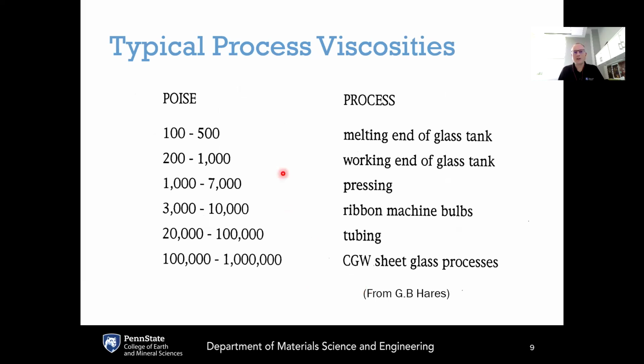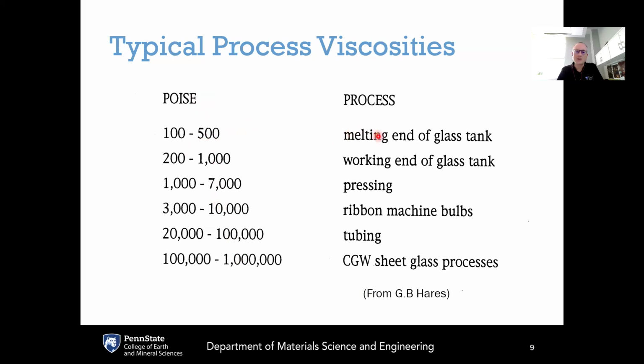Now, what are some of the typical process viscosities that are used in industry? This is a table that comes from George Hares, who was a very well-respected scientist at Corning from many years ago. And this is an older table, so the viscosities are given in units of poise instead of Pascal seconds. If you want to convert this from poise to Pascal seconds, you just divide all of these numbers by 10.